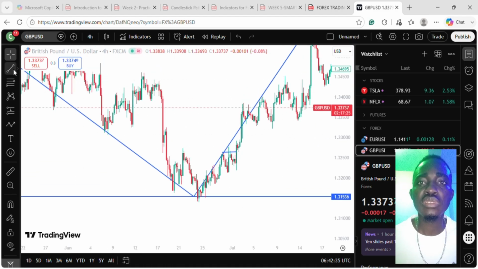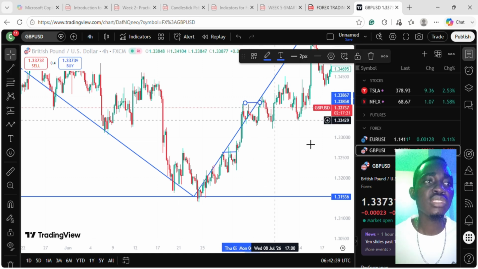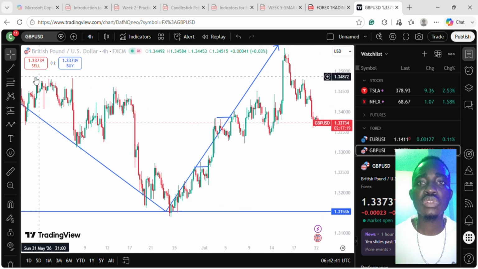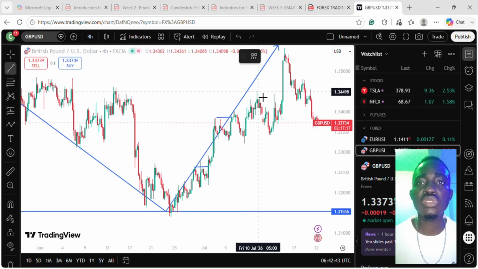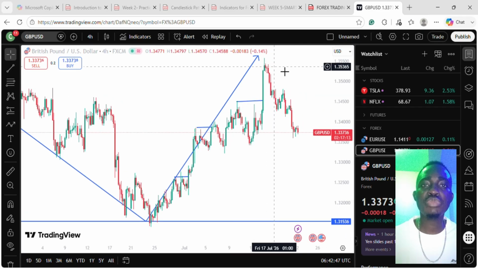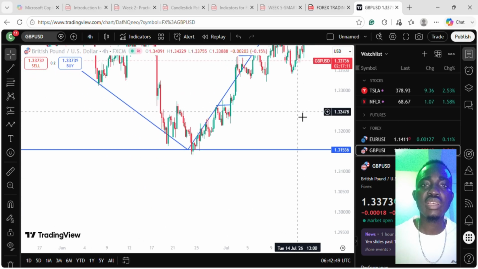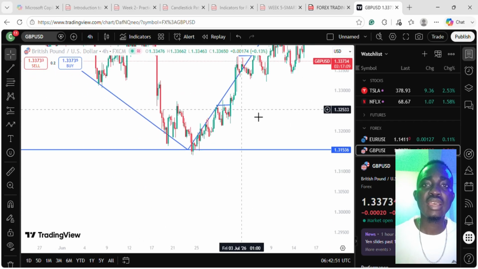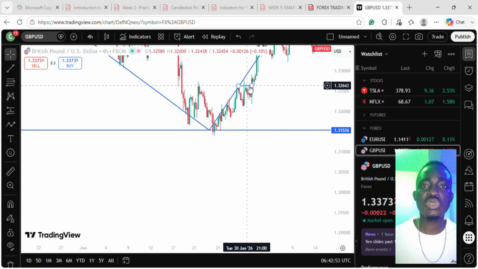What happened? It broke that level, it also broke this swing high. So you notice that every time price breaks these swing points, what happens? Price goes up.